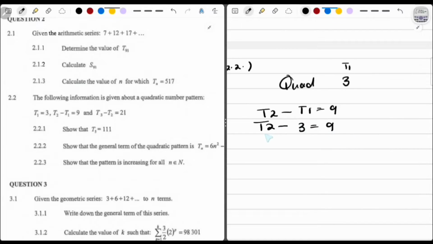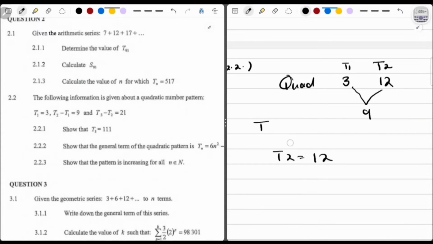If I take this negative 3 over, term 2 is equal to 9 plus 3, which is 12. So I know term 2 is 12. I'm also going to take into account that they specifically say term 2 minus term 1 is 9. Okay, so that's the information we have so far.